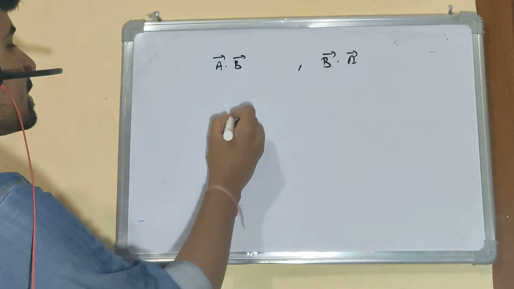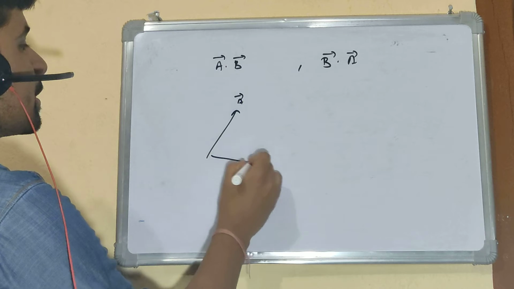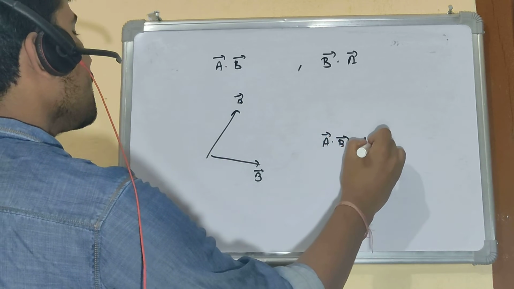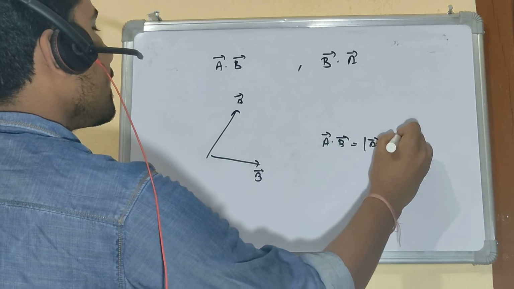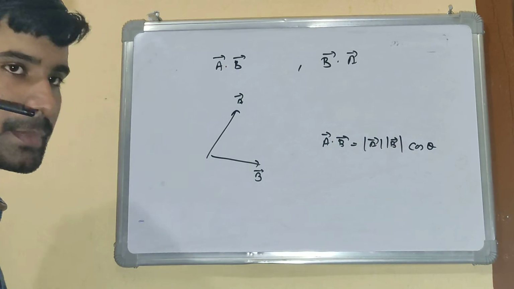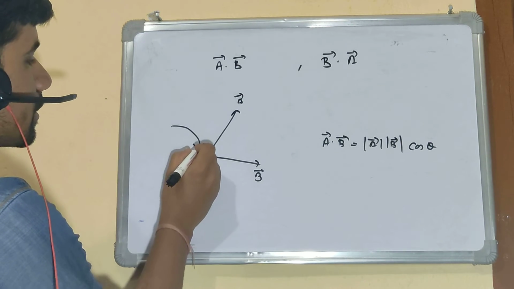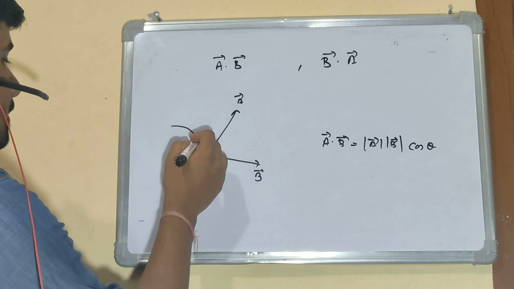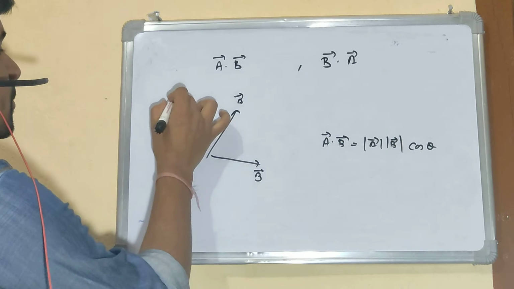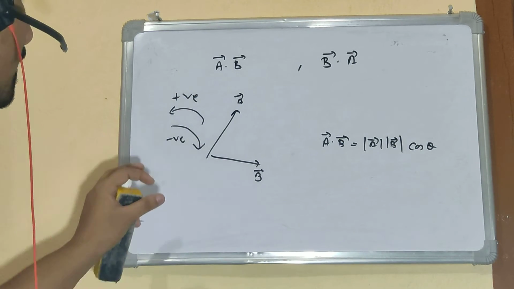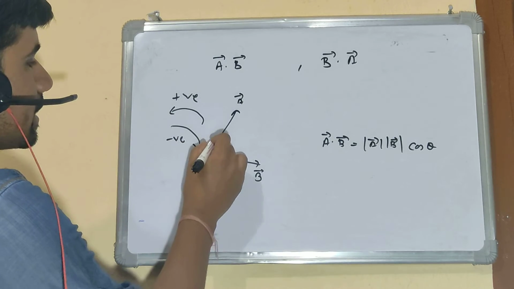Let's say there are two vectors, A and B. The dot product will be mod of A, mod of B, and cos of the angle between A and B. Let's say the angle is positive in anti-clockwise and negative in clockwise, so we need to specify direction for the angle. From A to B, let's say this is a negative angle.